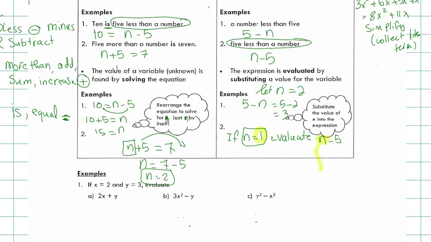So that becomes 1 take away 5, which is negative 4. Do you guys understand that? The difference is, in this one, I am asking you to replace the value of the letter with a number. The equation, on the other hand, you're solving for that letter, because you can move things around.